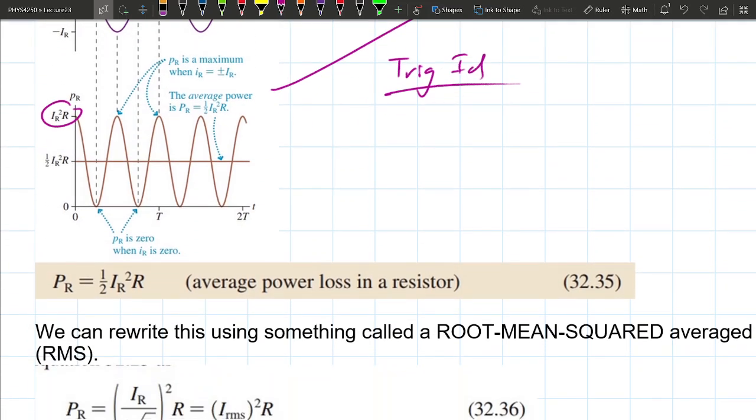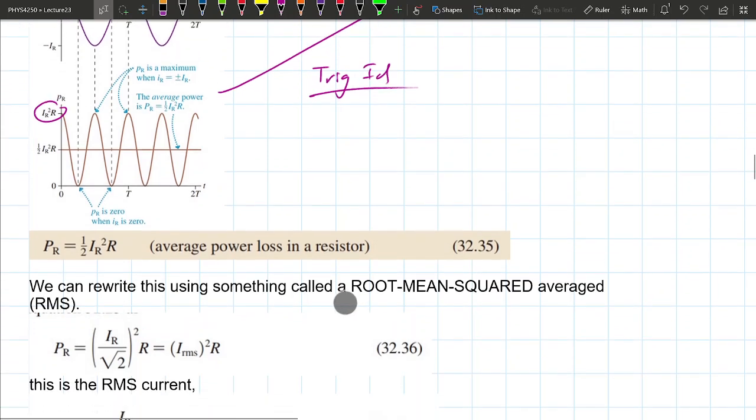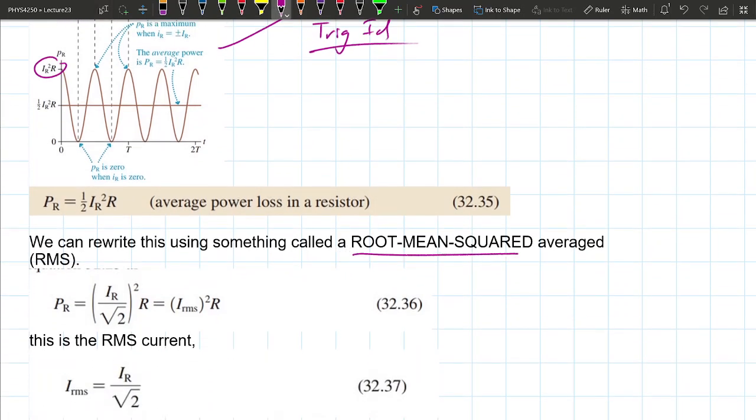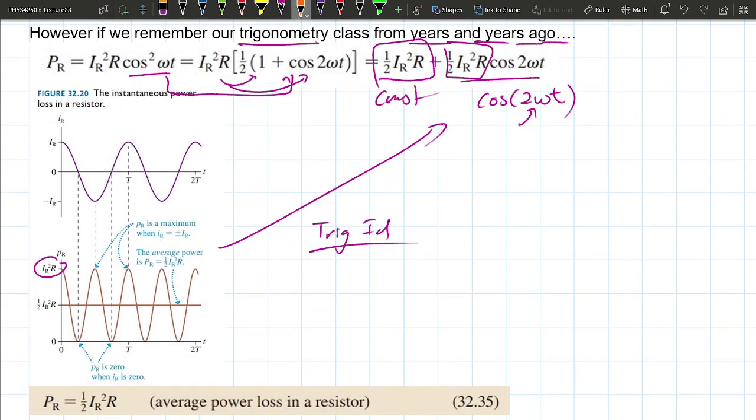Okay. Before we go on to figuring out how not to deal with trig identities anymore, we can also rewrite this into something called a root mean square average. Notice what's up here, right? You ended up with a factor of 1/2 in front of all of this.